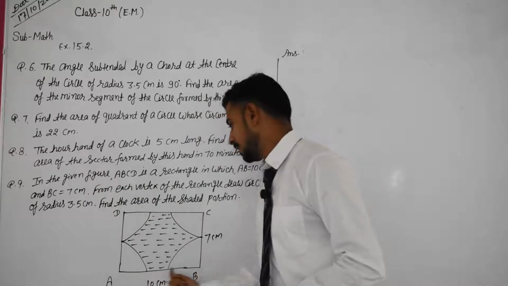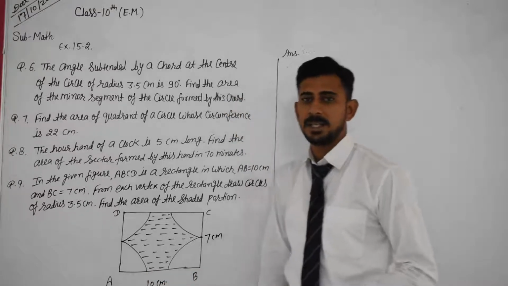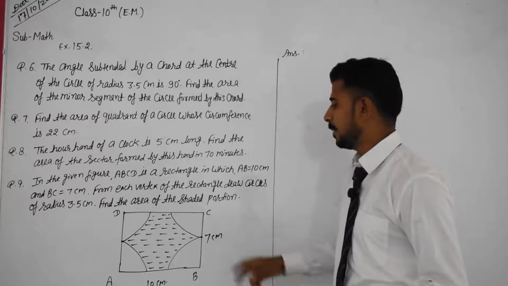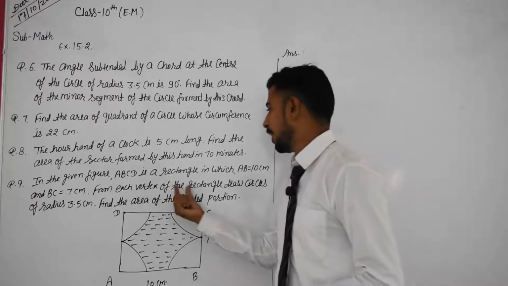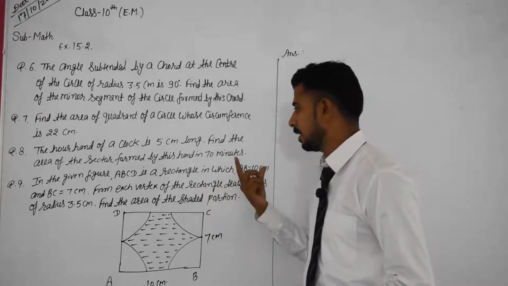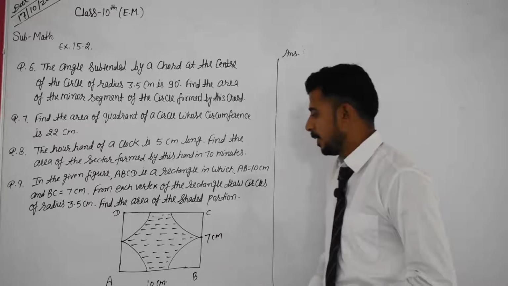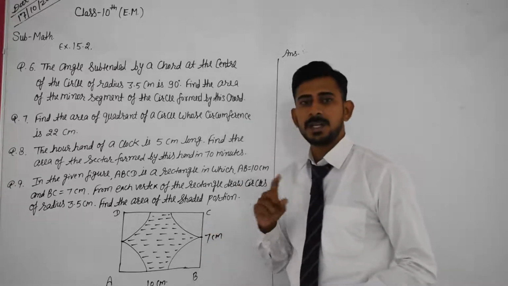The length of this rectangle is 10 cm and breadth is 7 cm. From each vertex of the rectangle, draw circles of radius 3.5 cm.